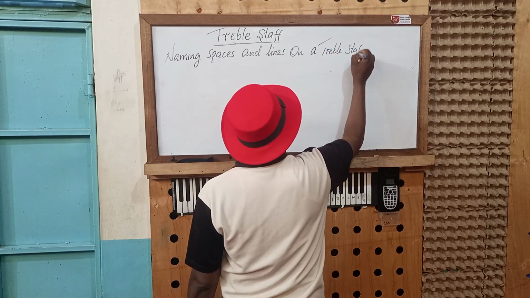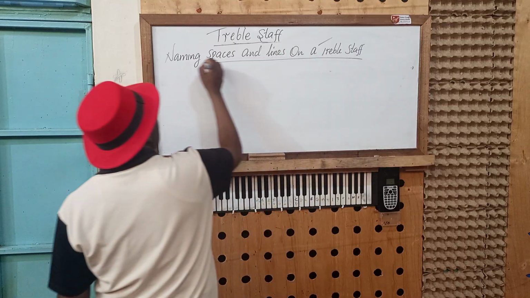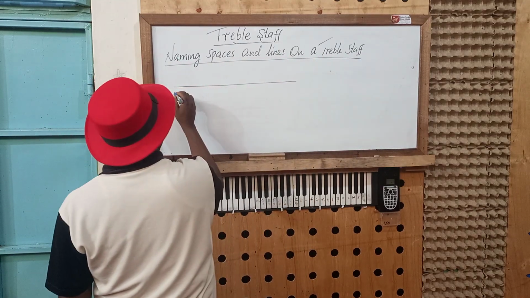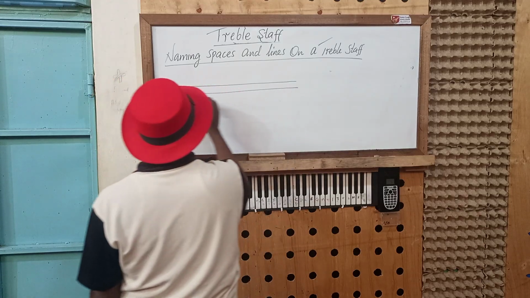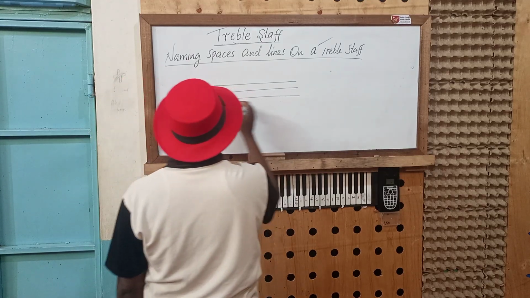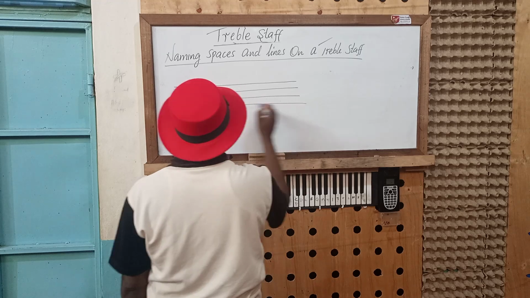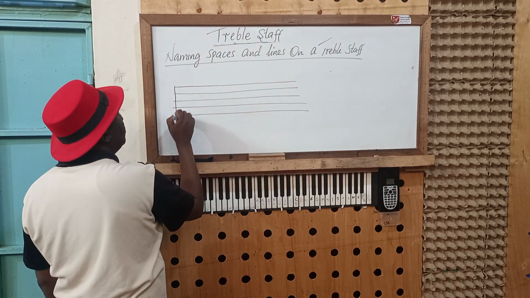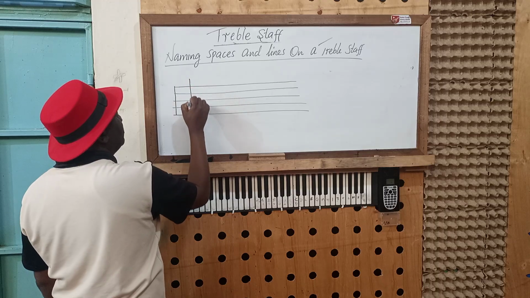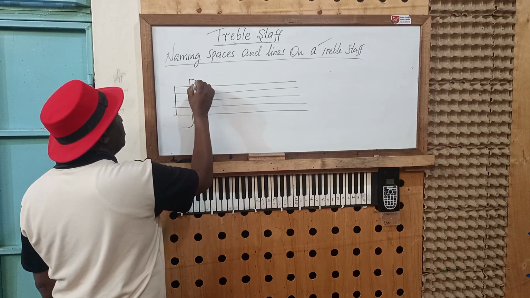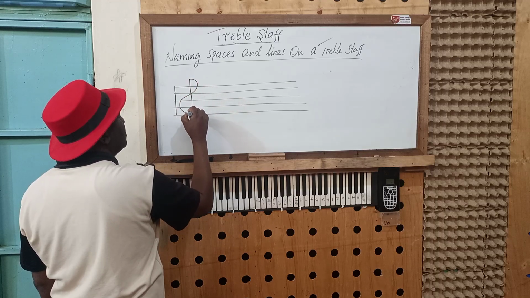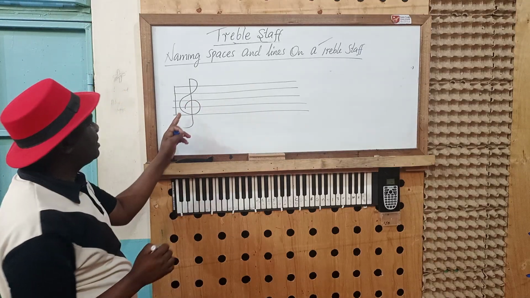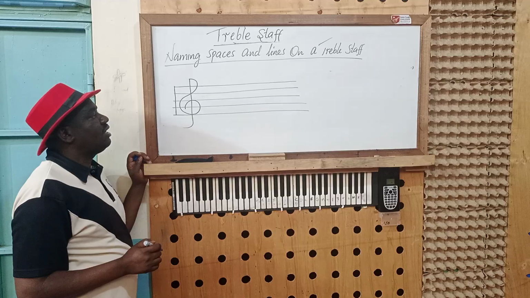So we start with the staff itself, and we include the clef, a P and a C, and that line stop. Immediately you touch the second line. That is the G clef.